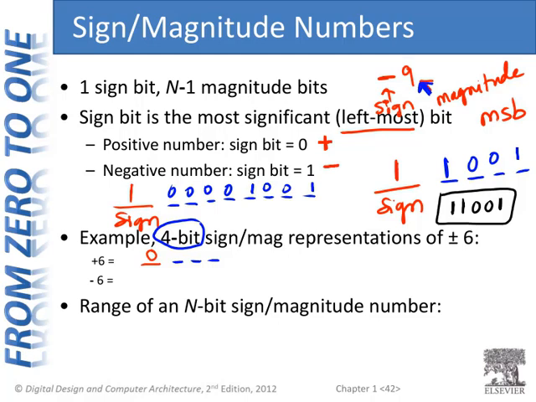We'll use the remaining 3 bits for the magnitude, and we'll get 1, 1, 0. Minus 6 is very similar, except we just have a different sign. The sign is now 1 to indicate negative, and the magnitude bits are the same.